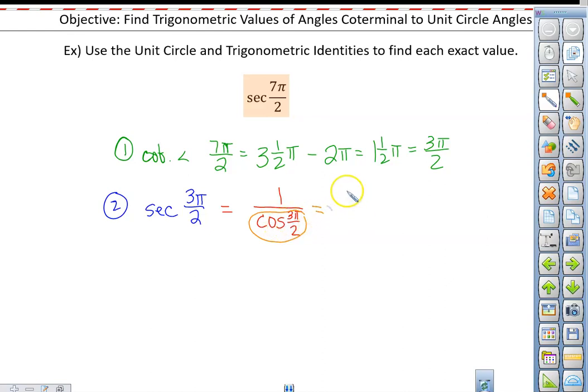So that gives us a ratio of 1 over 0. And as we discussed with our number sense, this would be undefined because there is nothing times 0 that equals 1. And that then tells us that the secant of 7 pi halves radians is also undefined.